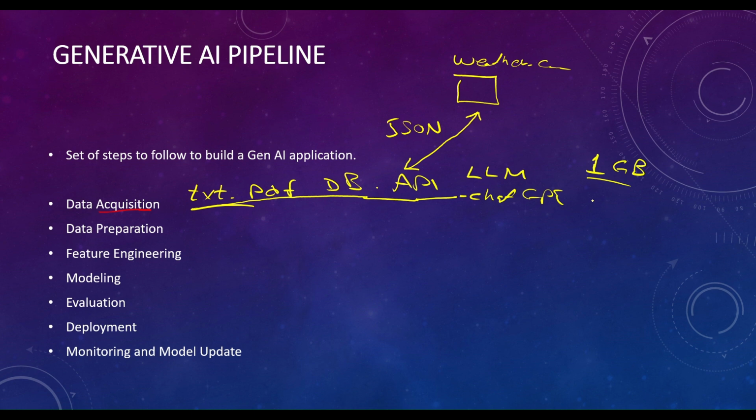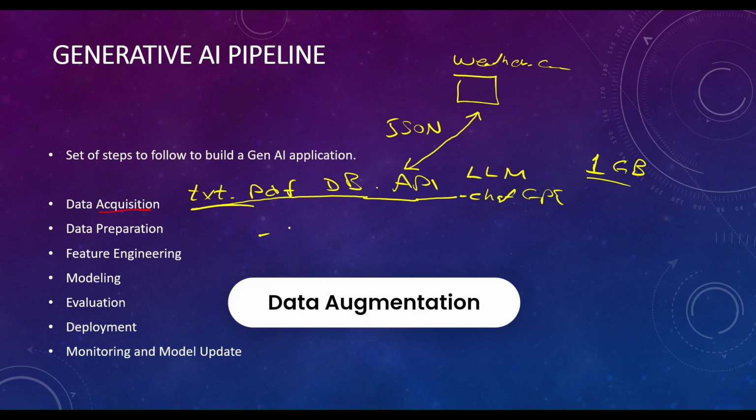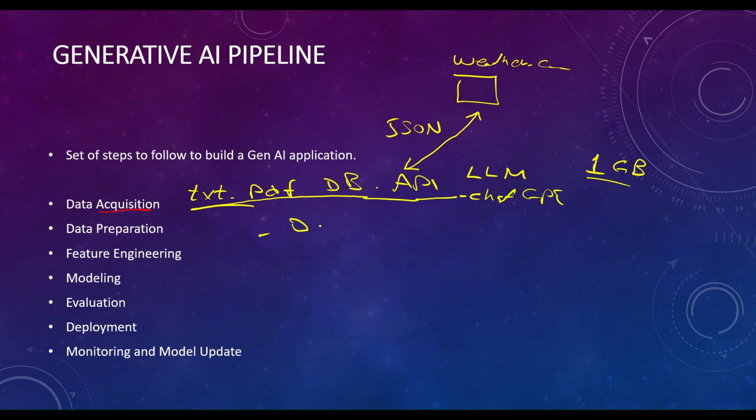So what you can do is add some more information. If you feel that you have less data available, you can perform the data augmentation. The purpose of the data augmentation is to build on the data which you already have available, to increase the data based on the available information.